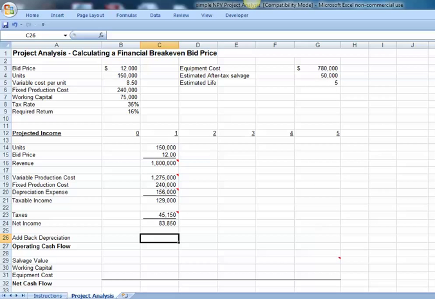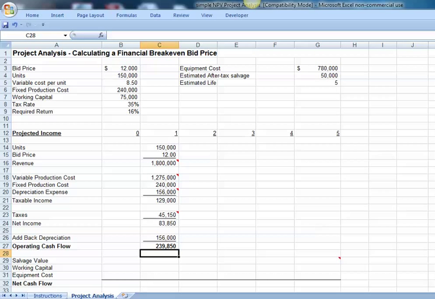To estimate our operating cash flows for our projects, and we're going to get into this in our chapter on cash flows, a quick and dirty estimate is to simply take our net income and add back our depreciation expense, and we've just calculated that as 156. So our operating cash flow that we're going to estimate will be net income plus our depreciation expense.